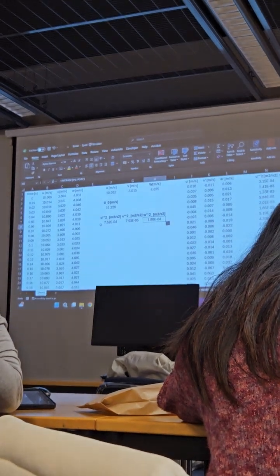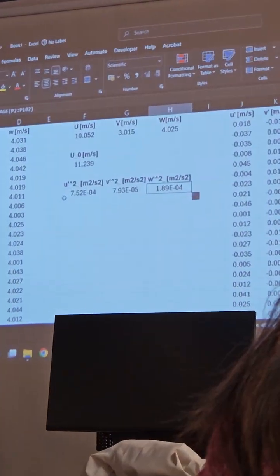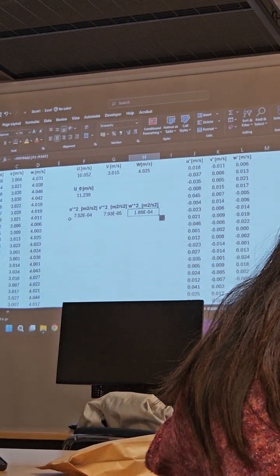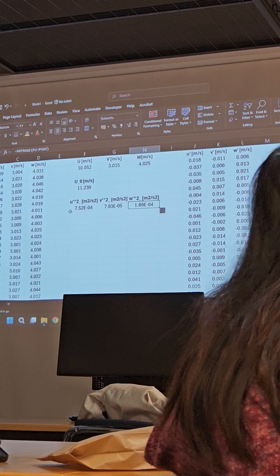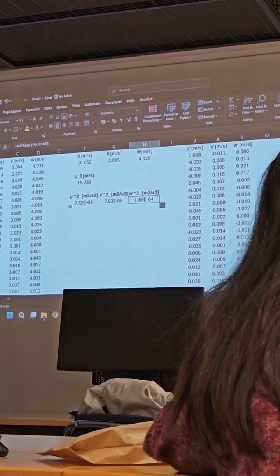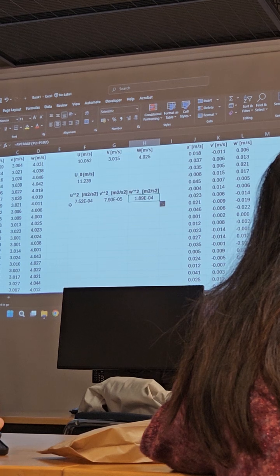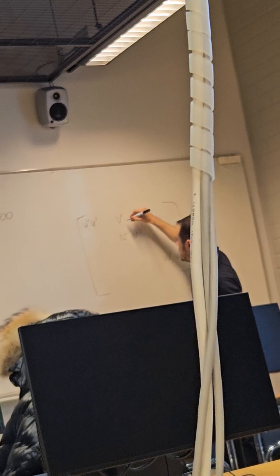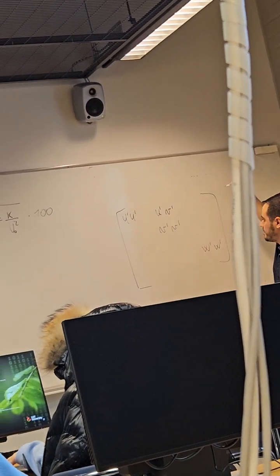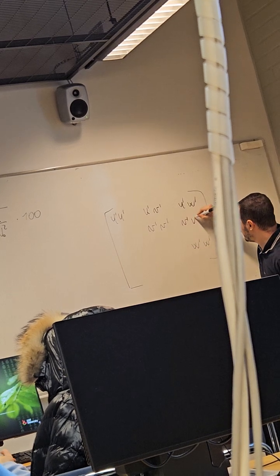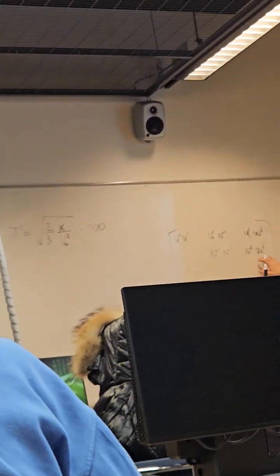So the Reynolds stress tensor is: we have u prime square, v prime square, w prime square on the diagonal, and on the top here we have u prime v prime, u prime w prime, and here we have v prime w prime.